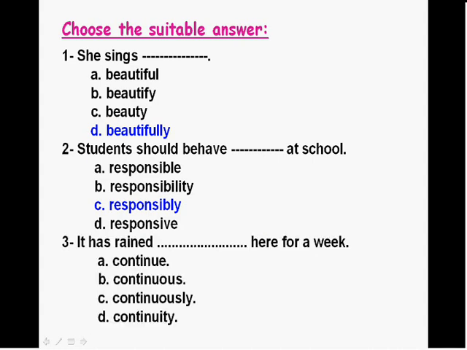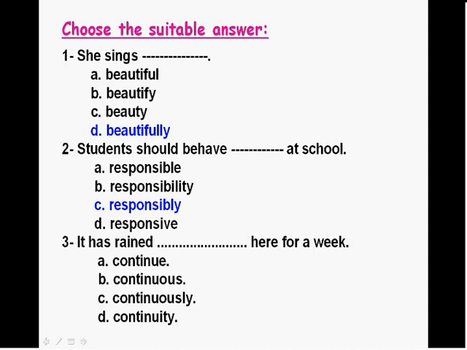Very good. Number 3, it has rained here for a week. Okay, choose now. A, continue, B, continuous, C, continuously, and D, continuity. It has rained here for a week.